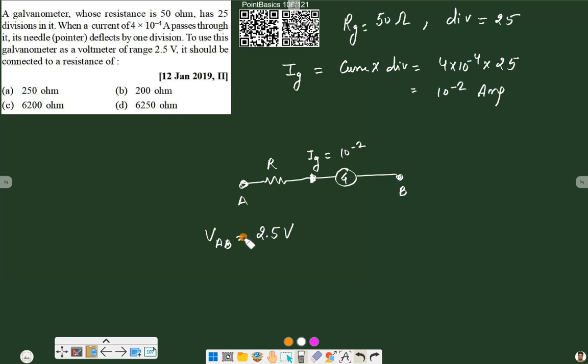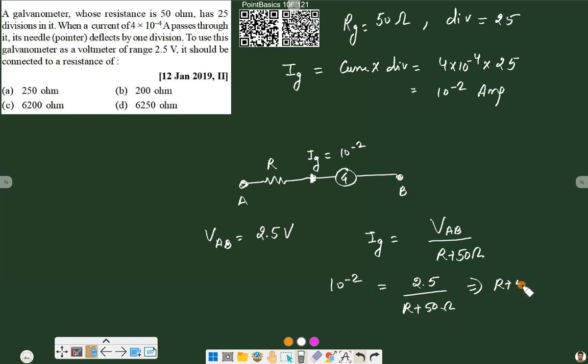So using this, we can find the current. The current in this circuit, that is Ig, should be equal to VAB divided by the total resistance, that is R plus the galvanometer resistance, meaning R plus 50 ohms. The value of Ig is 10 raised to power minus 2, VAB is 2.5, and this is R plus 50 ohms.